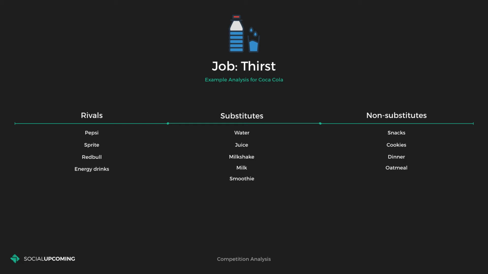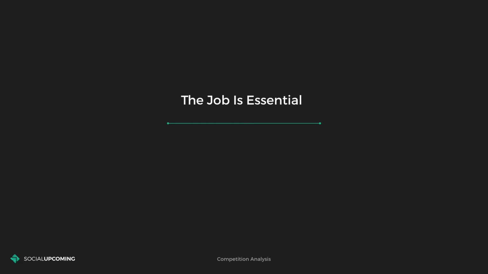So by doing this type of analysis, you will make an overview of what people I should keep an eye on, so that if they change something related to how they market, how they approach selling to customers, and so on, you will know who to look to. So this is just an example for the job thirst.